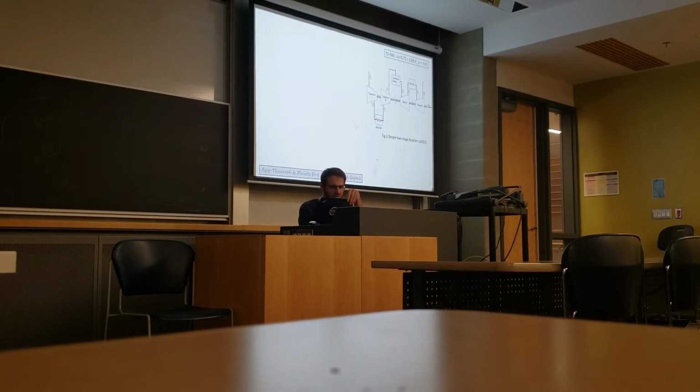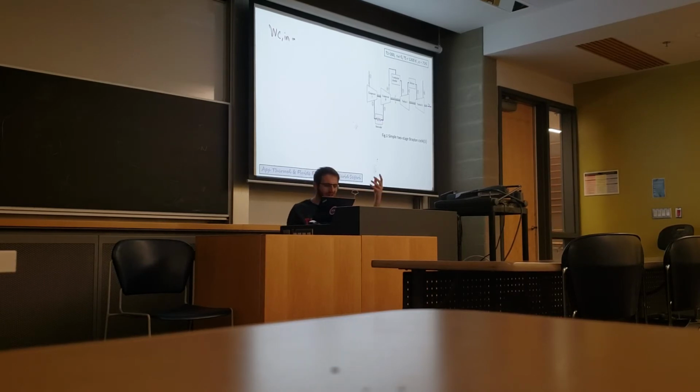So the work of compressor, this is a specific work. It means that we don't need to multiply by m dot, it's per kilogram. So we deal just with H. So the work for the compressor is H2 minus H1, okay? So the work of compressor in is H2 minus H1 plus H4 minus H3.